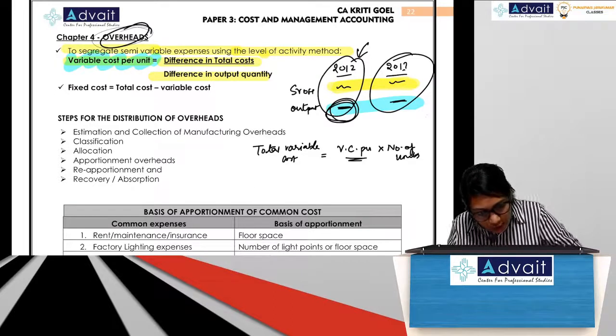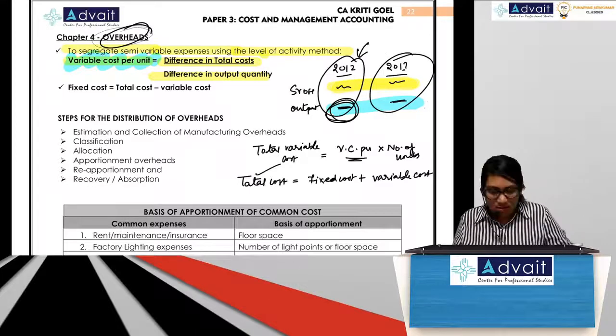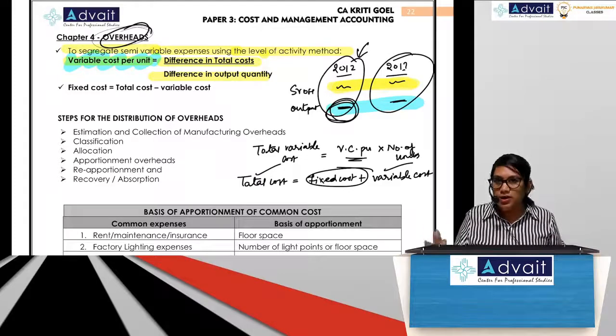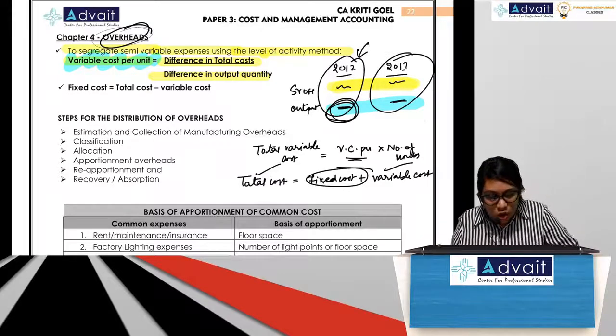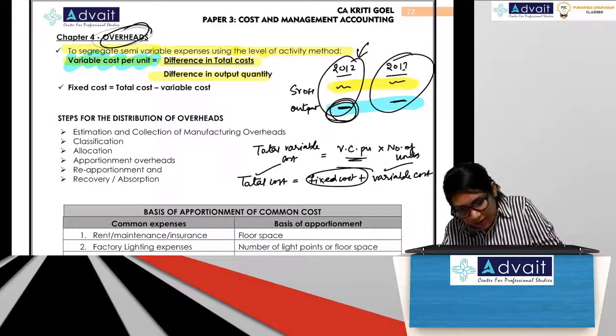Total cost is equal to fixed cost plus variable cost. So I have this, I have found out this. Can I not find out this? Very easy. So fixed cost can be calculated as total cost minus variable cost. So that is what I have given here.